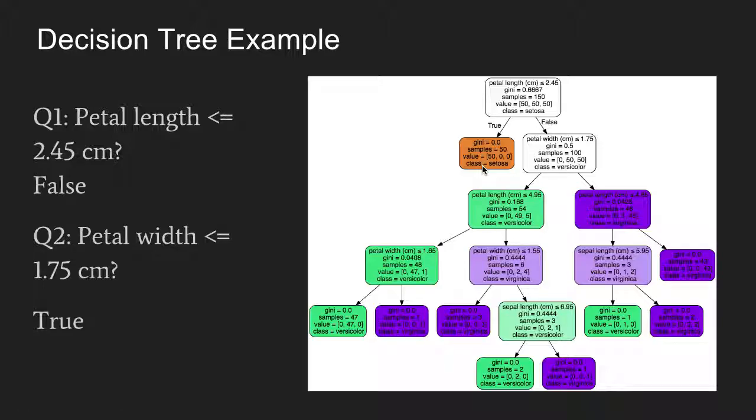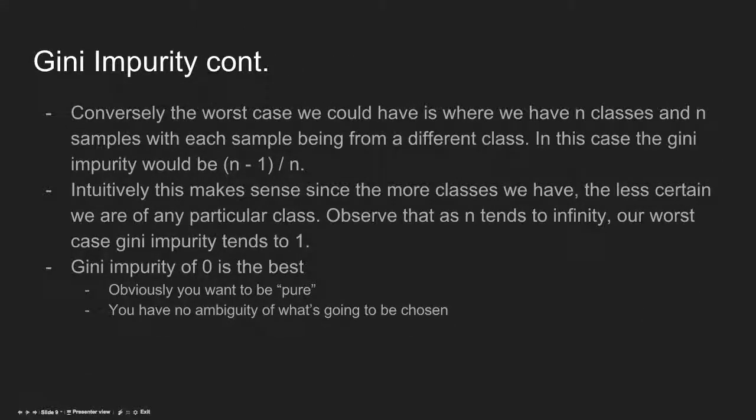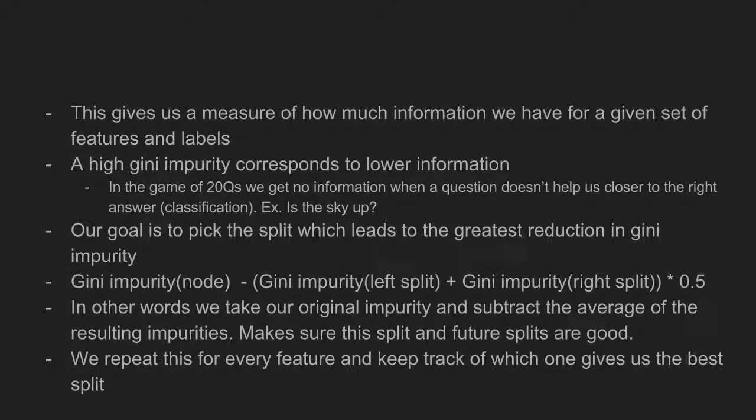So we want to make the split such that the average of the Gini impurity of our children is less than the Gini impurity of the parent.